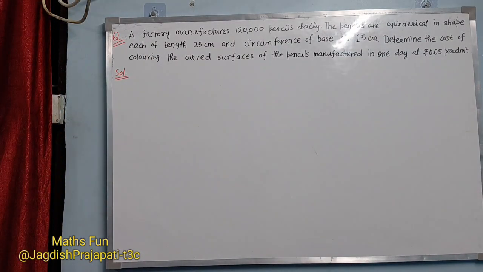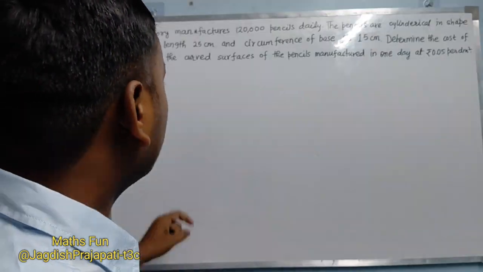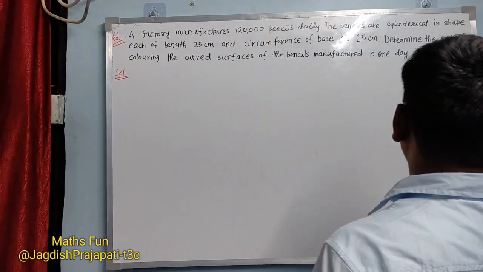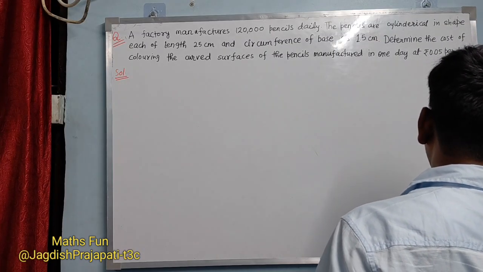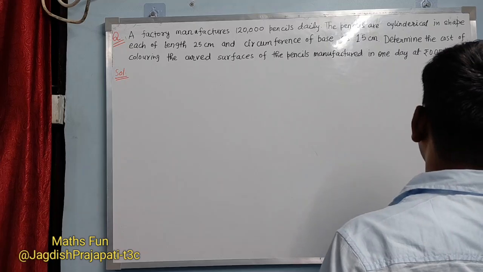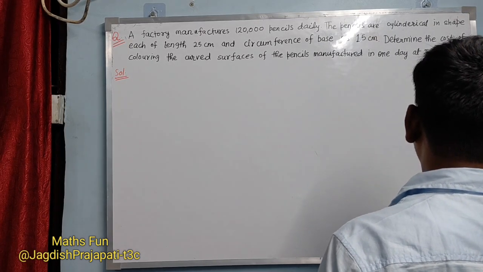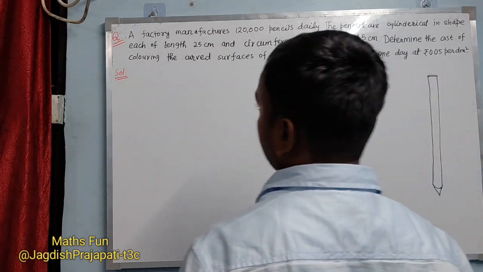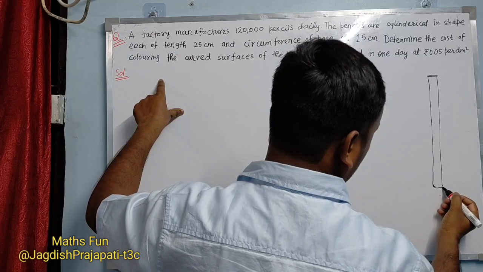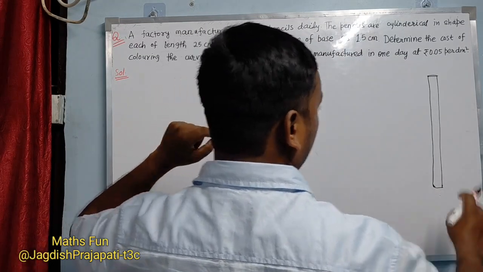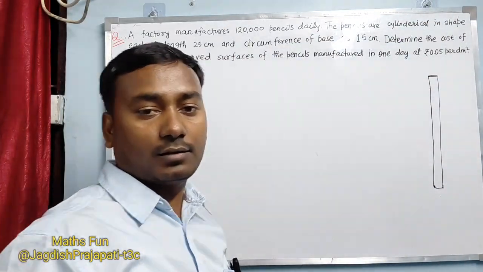Okay, so let us first draw the pictorial diagram of one pencil. This is a pencil, which is in cylindrical form. You just forget about this conical shape; that conical shape will come after sharpening the pencil.